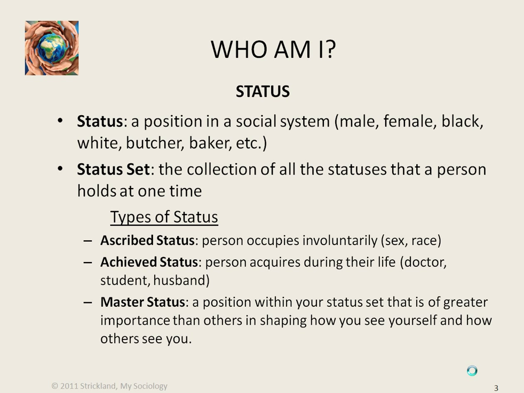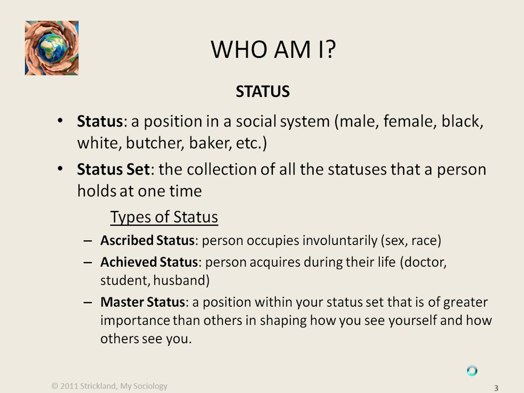But you have many status positions at any given time in your life. And all the status positions that a person holds at one time in their life is called the status set.